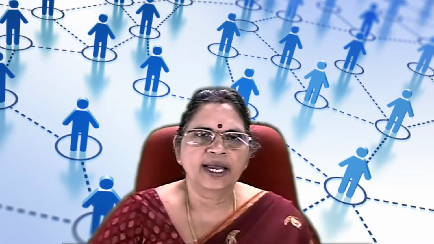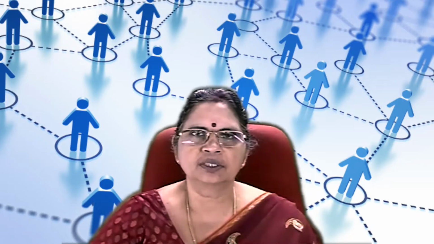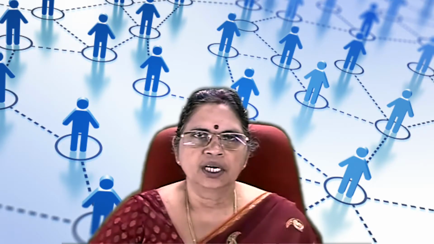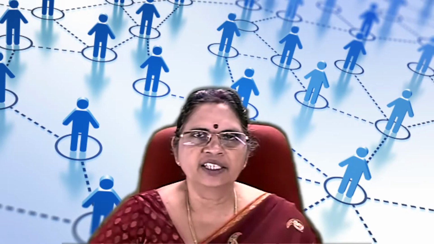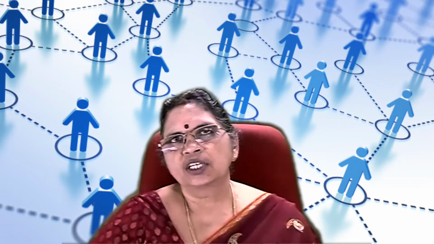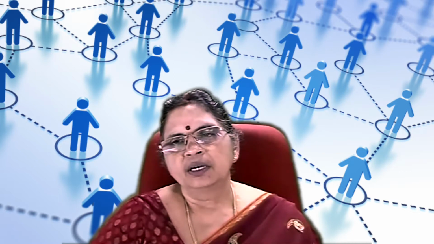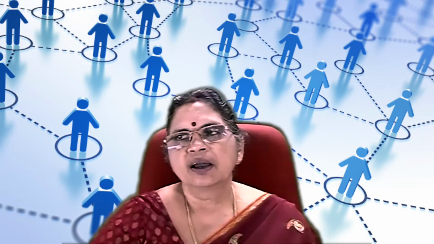So we are looking at a paperless office because of automation and technology, more use of intranet to operate, HR analytics to be in place, and use of HR software so that many of its functions can be executed in a very efficient manner.